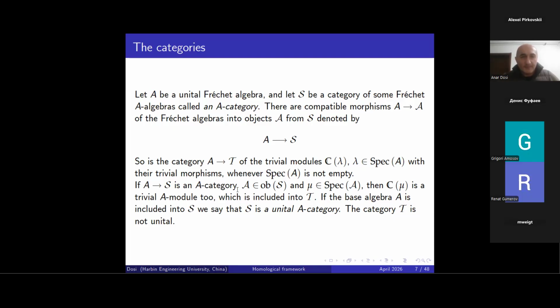Suppose we have an A category, and A is an object here. If you take a continuous character of A, certainly it's a character of the base A, so C mu is also a trivial A module. That's why it's included in the category T. T is all the trivial modules.